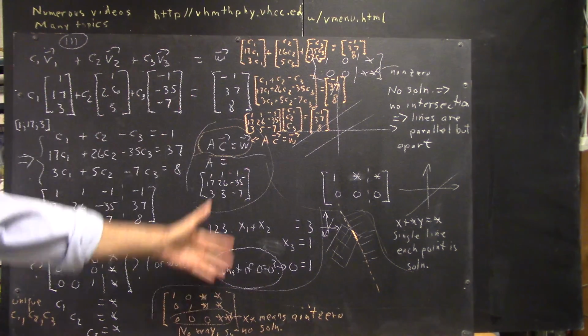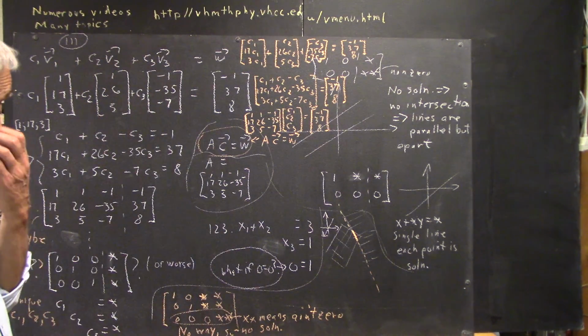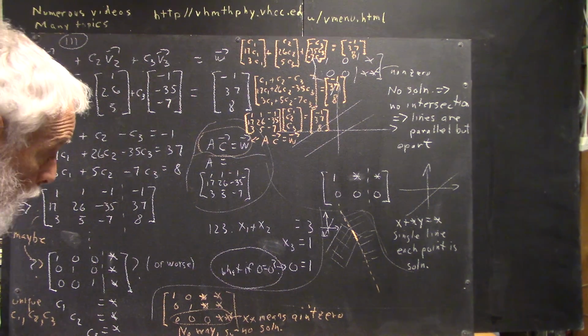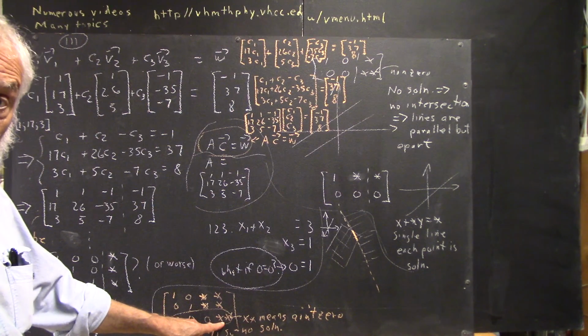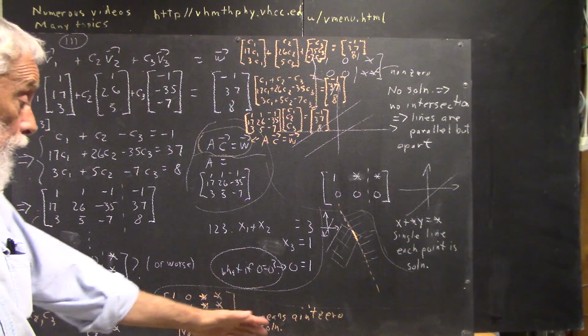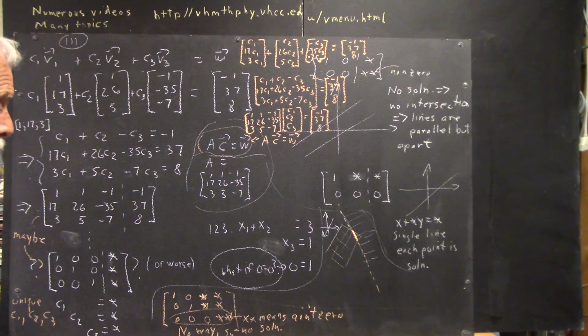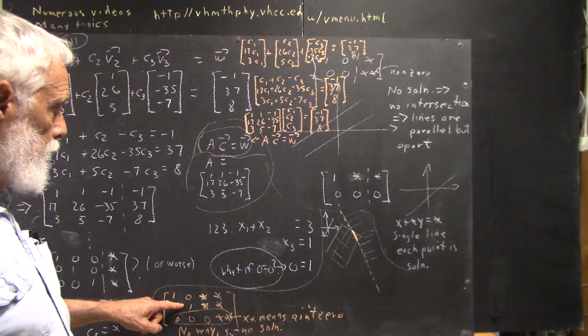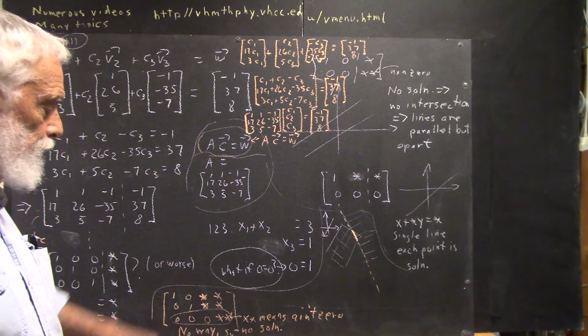Okay, so here we have it. And there are other forms that this matrix could take. For example, if this was 0, 0, 0, 0, then you can't say there's no solution. You'd have 0 equals 0. That's perfectly okay. That means that y plus z is some number and x plus z is some number.